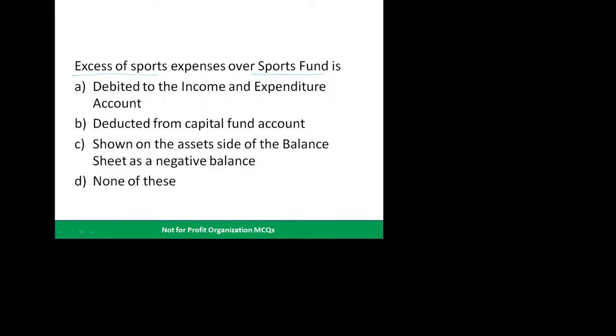So that excess amount will be debited to the income and expenditure account. Okay.